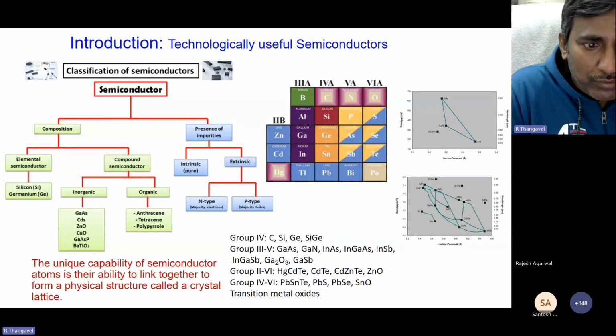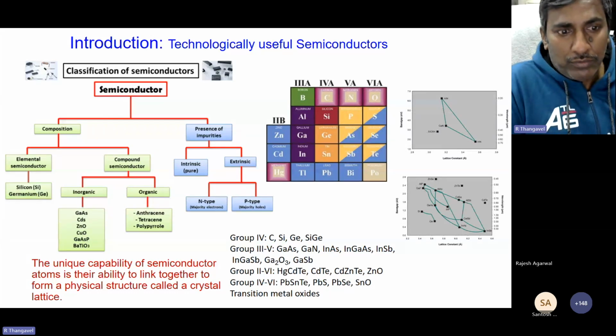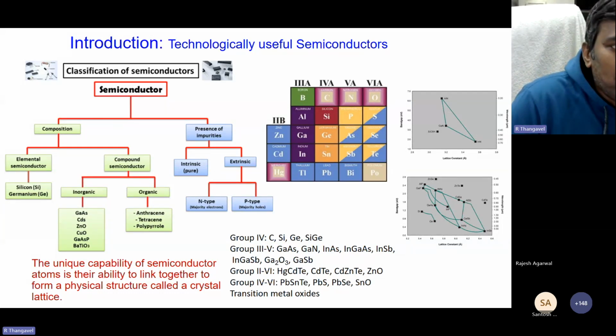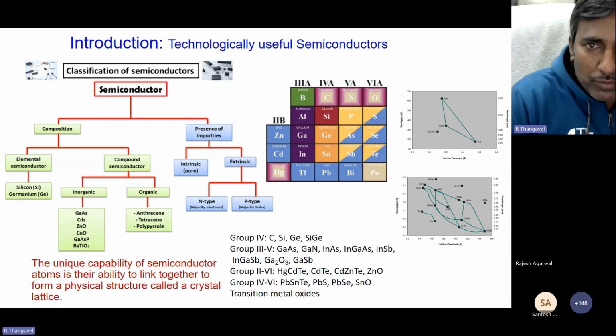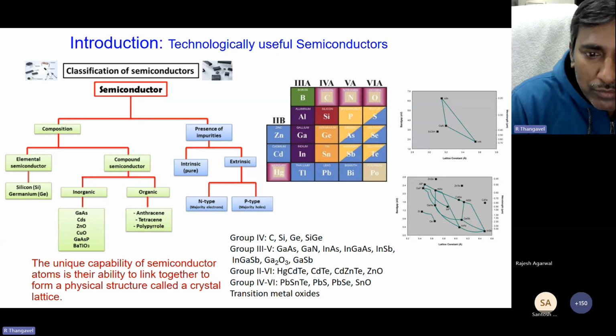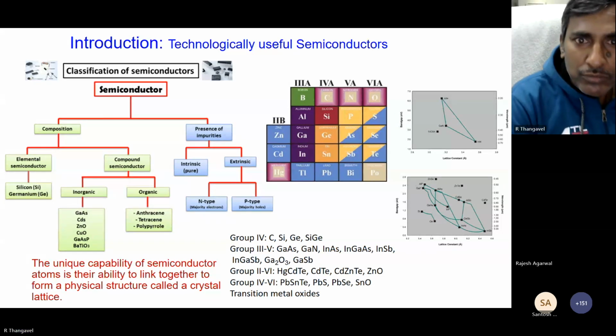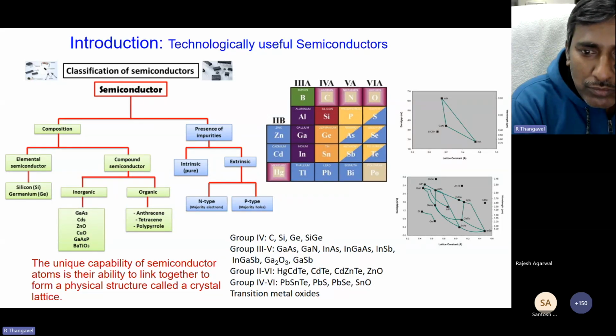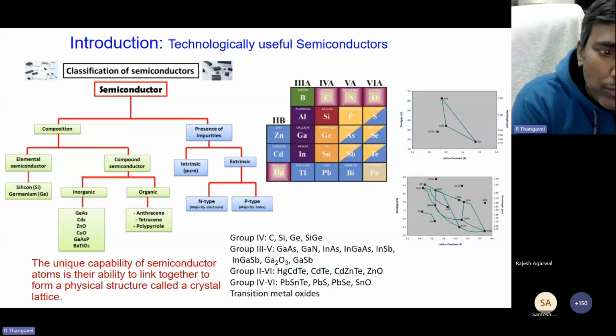For group 4, basically carbon, silicon, germanium; groups 3-5 and 2-6, mercury cadmium telluride, cadmium zinc telluride; 4-6, lead, tin and tellurium. These are the several semiconductor materials which are technologically used. Now, as for 3-5 semiconductors, these are group 3 and group 5 elements: gallium arsenide, aluminum arsenide, or gallium indium arsenide, as well as phosphides, antimonides, and mixed anions.